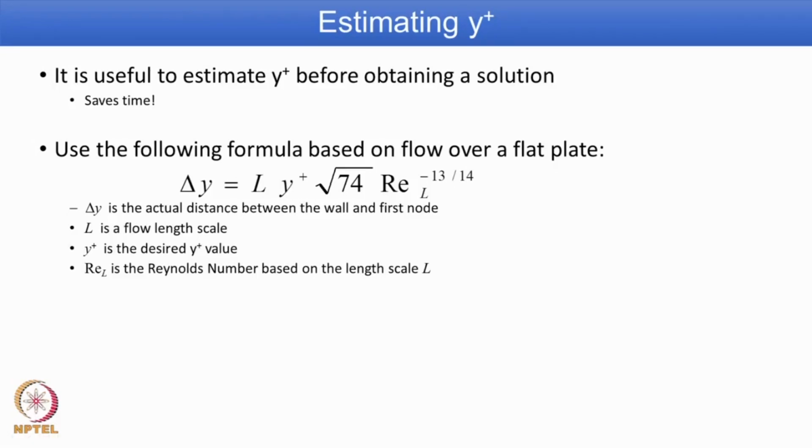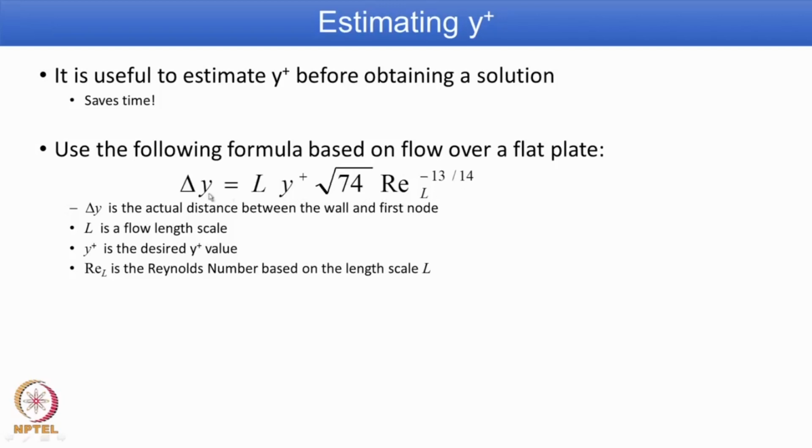For example, what is listed here is for a flow over a flat plate, where delta y is the first normal distance from the wall. So, delta y equals L y plus times square root of 74 Re L to the power of minus 13 by 14.